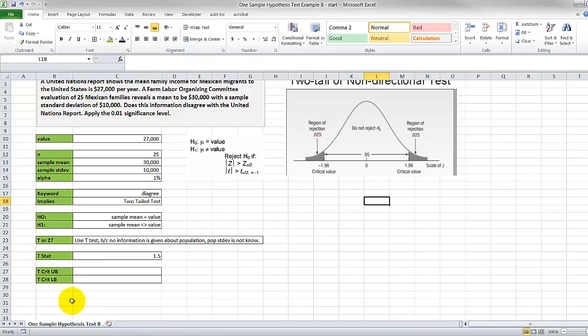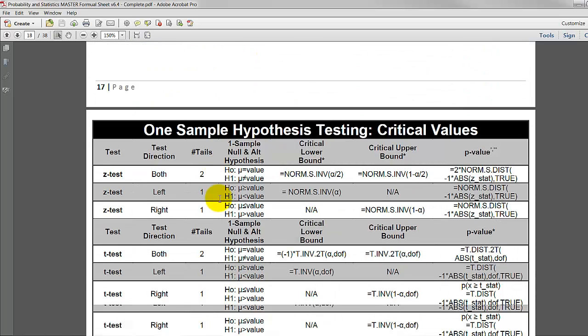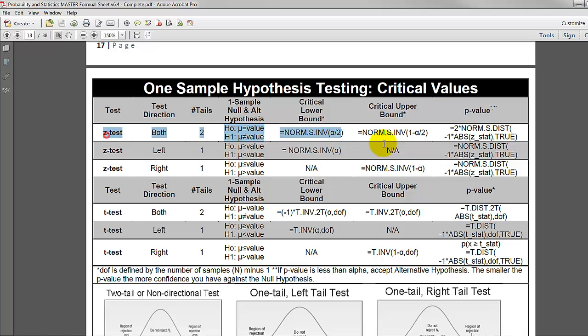So how do you calculate the critical upper bound? Let's go back to our formula sheet and scroll down. We know it's not a z-test, so let's just ignore all of this. Go to the first line. Are we testing both directions? Absolutely. So we have a critical lower bound and a critical upper bound. Let's go ahead and implement the lower bound first.